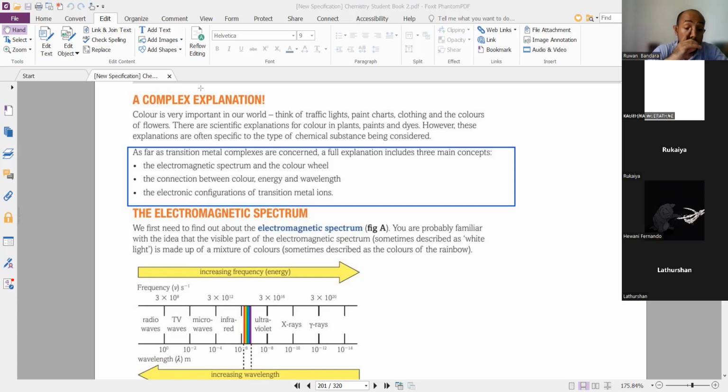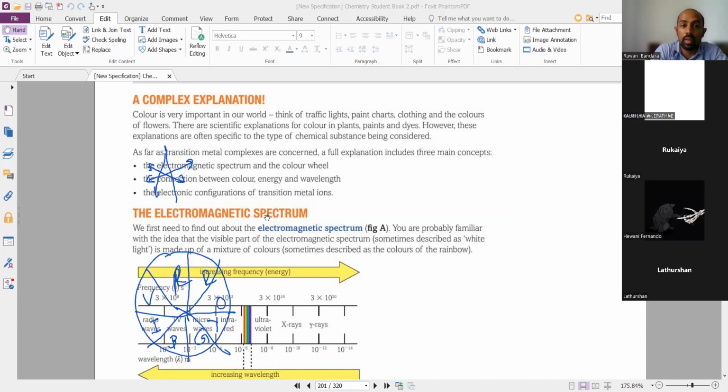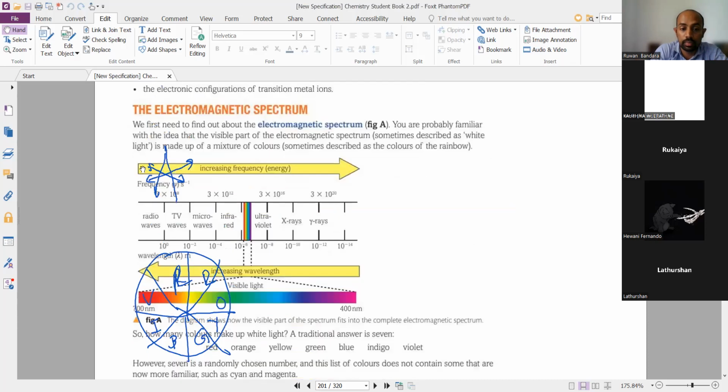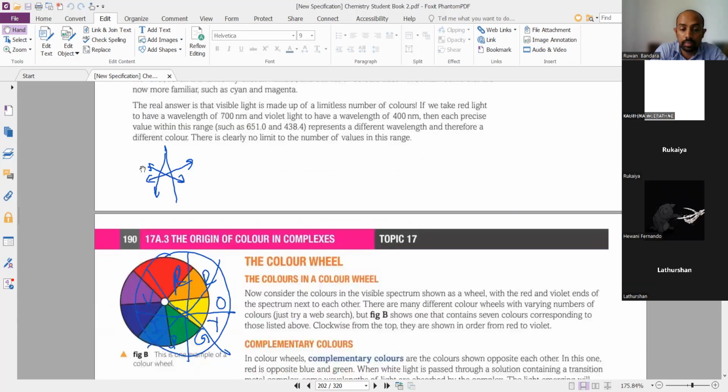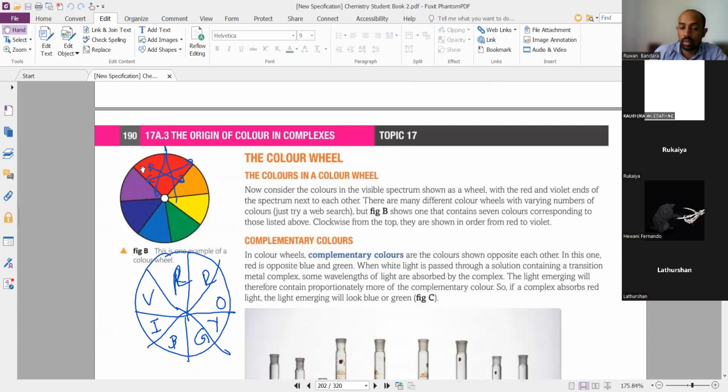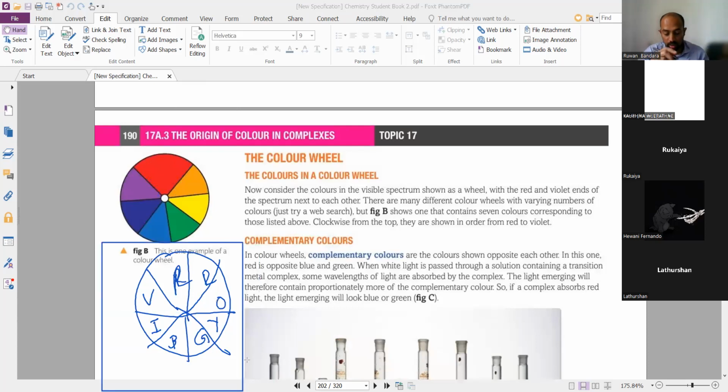Then draw my sketch diagram for the color wheel, how the color wheel looks like. Next topic is the color wheel, and draw my beautiful diagram that represents the colors.